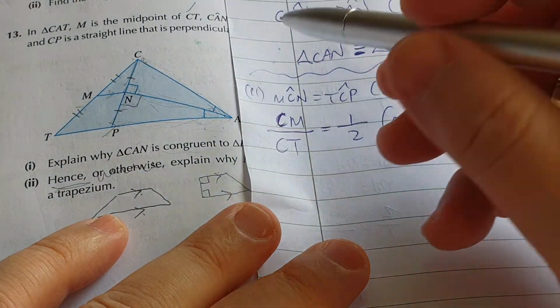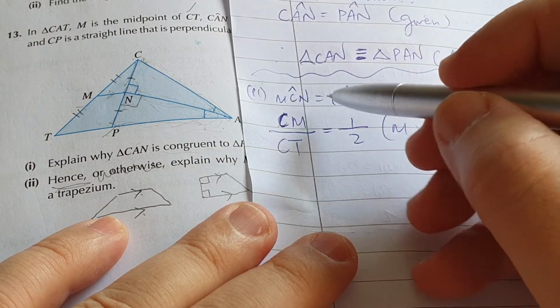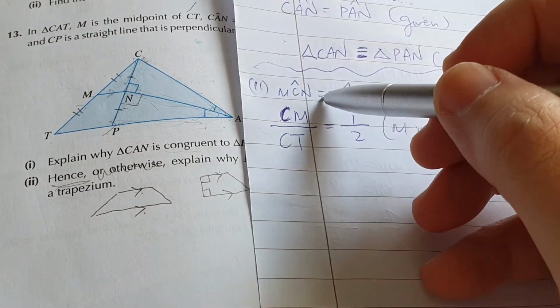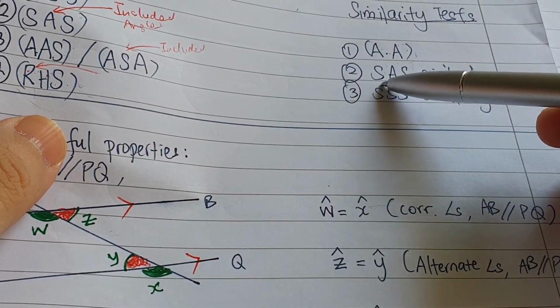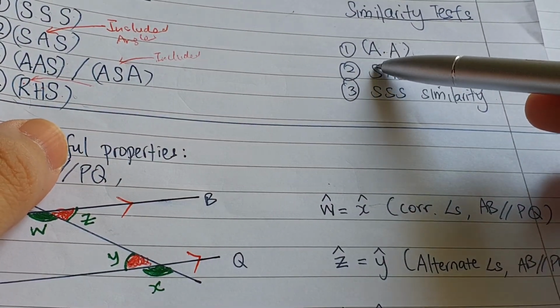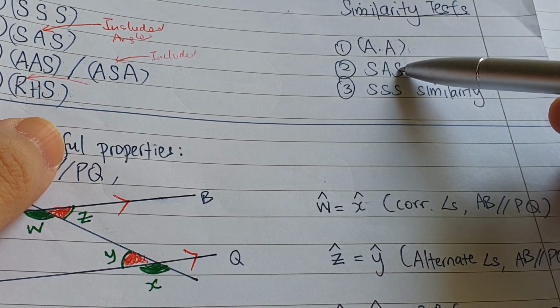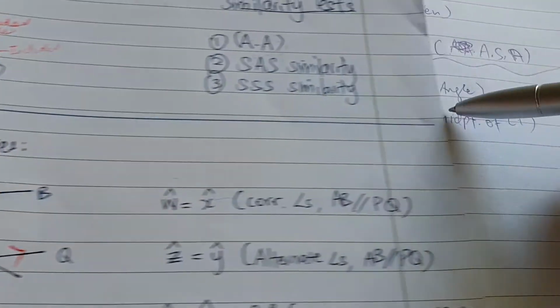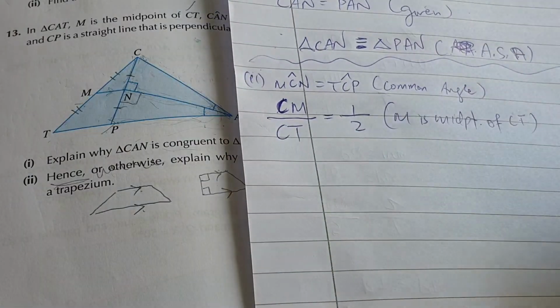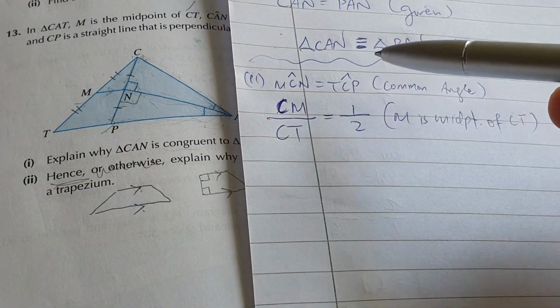Can? Okay, now I'm going to show you, I have one pair of sides that is in the ratio half already. If I can show that this pair of corresponding sides is also in the same ratio half, then I win already. I can use SAS already.